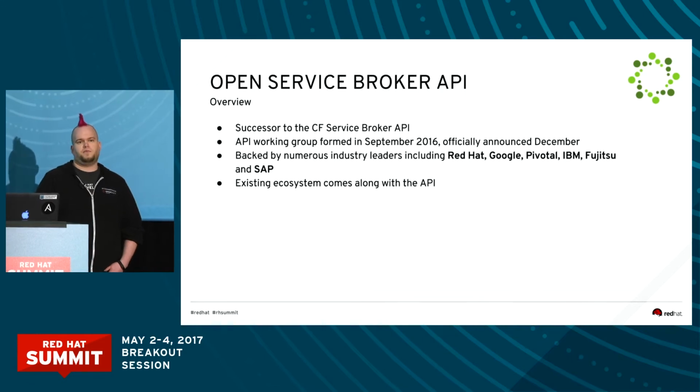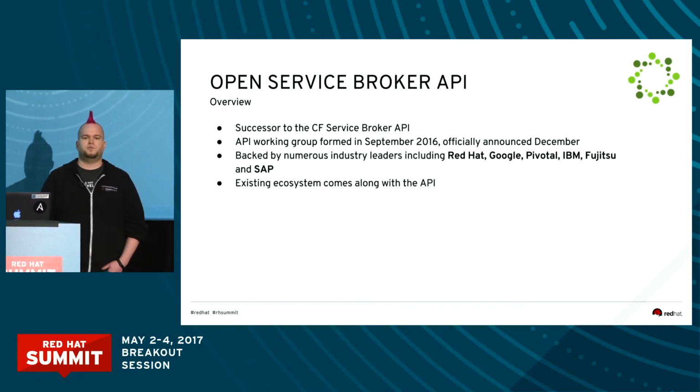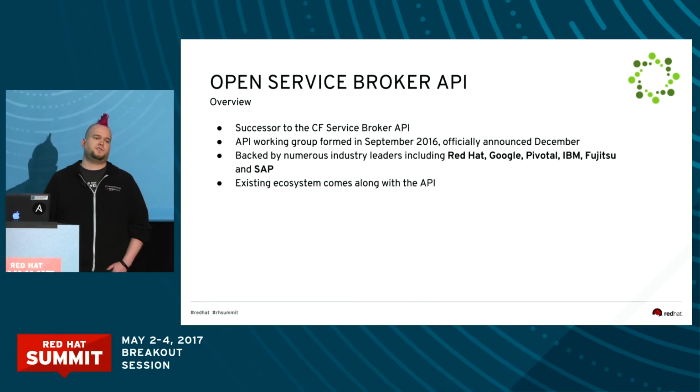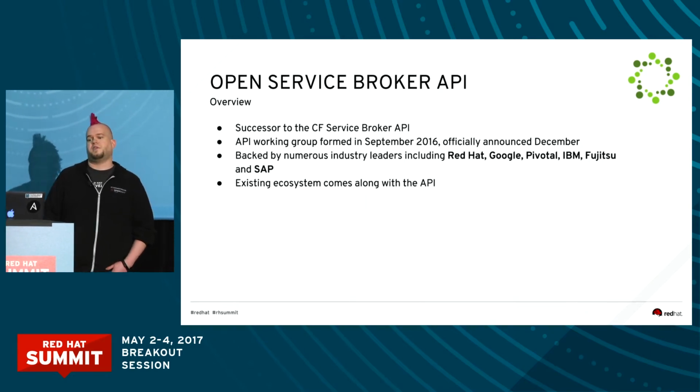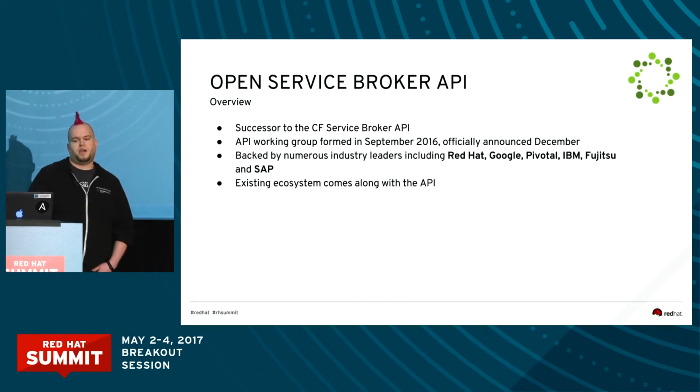The driver for creating the Open Service Broker API is that people started coming to Cloud Foundry a couple years ago and indicating that they wanted to be able to use that same kind of model to consume services in platforms other than Cloud Foundry. So we formed an API working group.